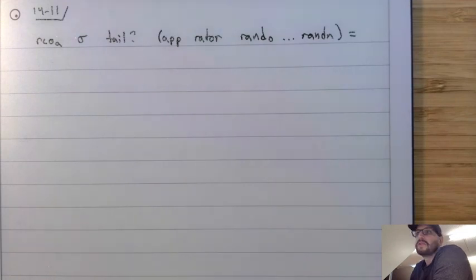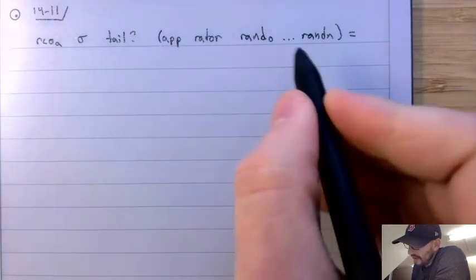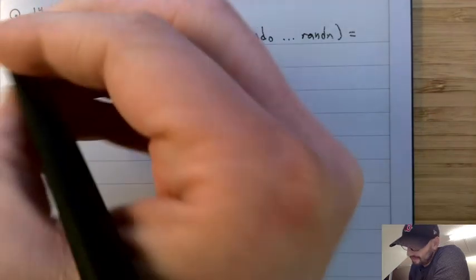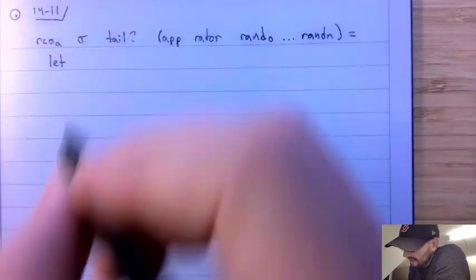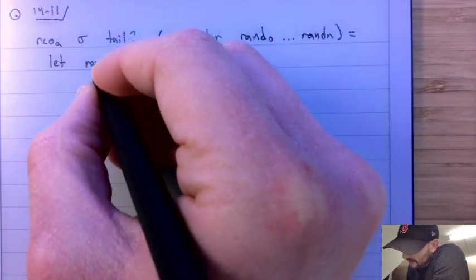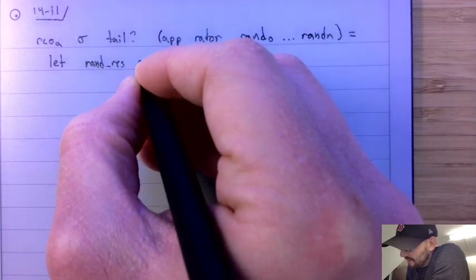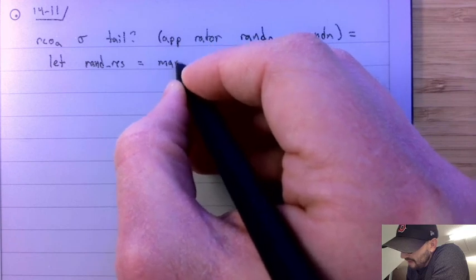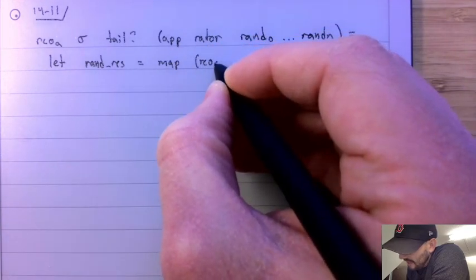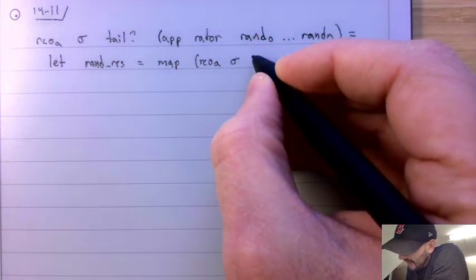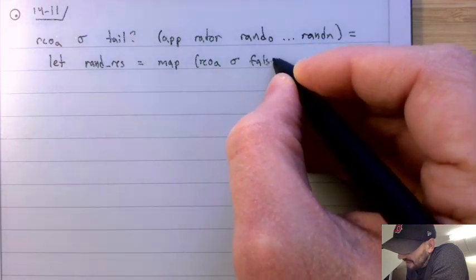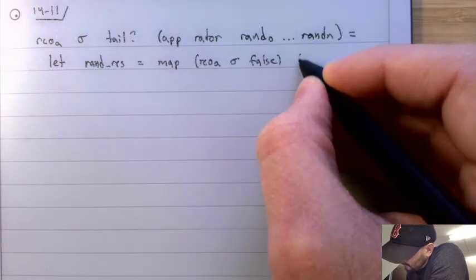Okay, so what do we need to do? Basically what we need to do is go off and call RCOA on every single one of the operands. So we'll say let rand result equal mapping calling RCOA sigma, and it's not in tail position, so we'll pass in a false on all of those operands.